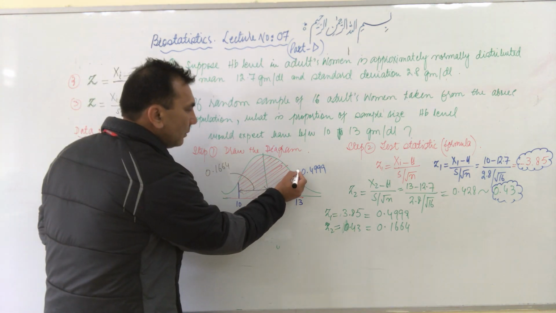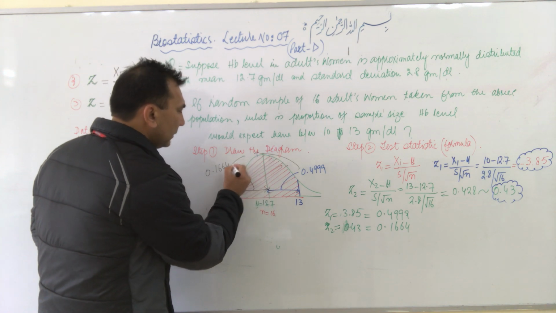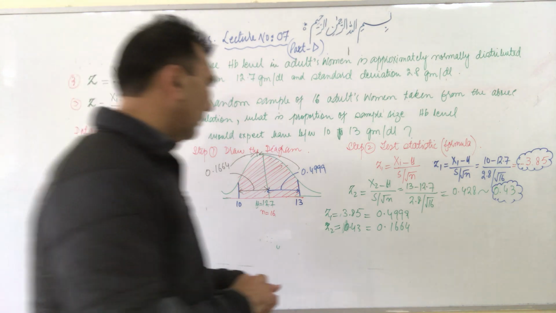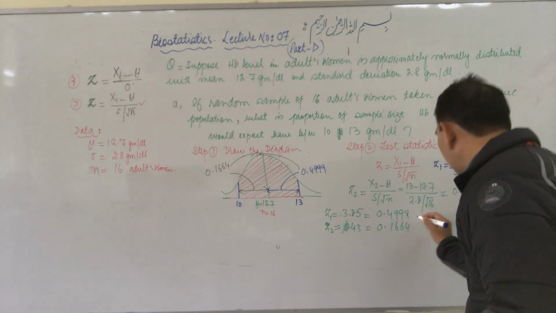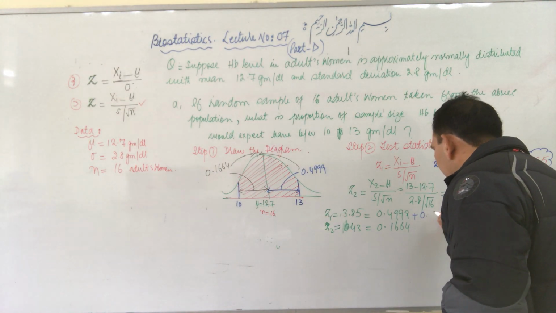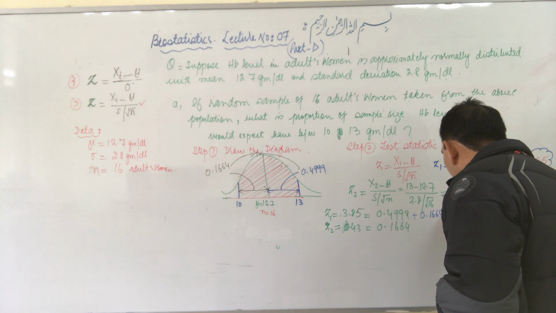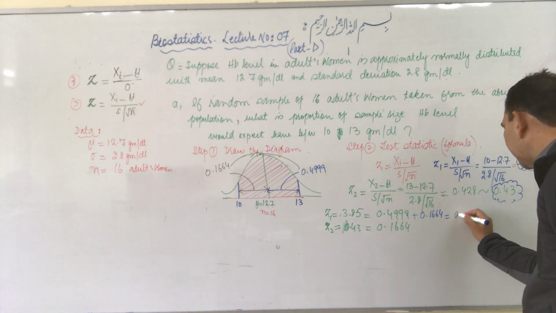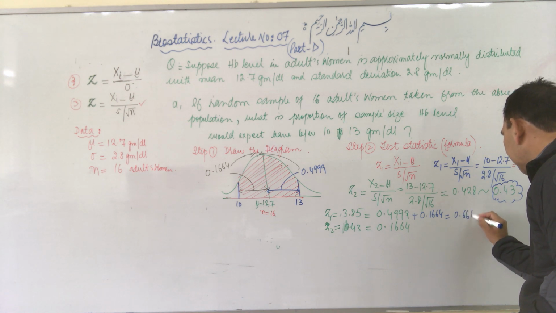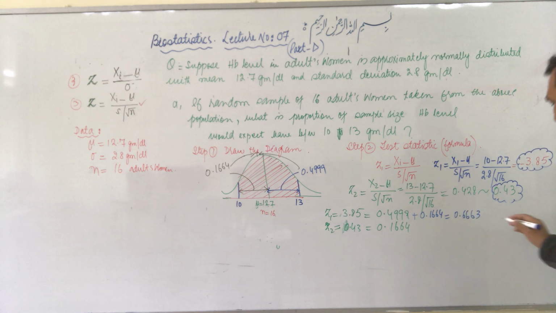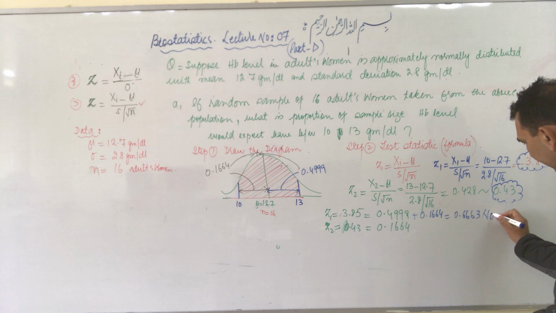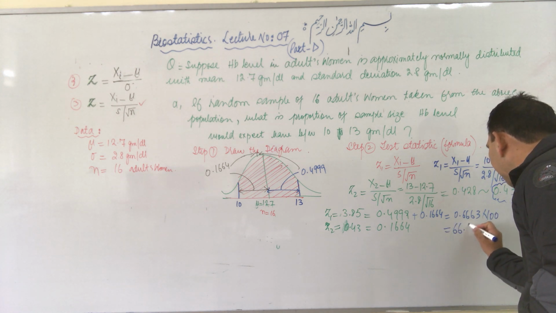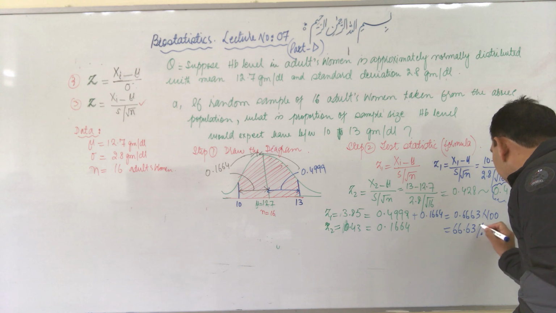So we add up both the Z-score values. It will be around 0.6663. Then we multiply it by 100. It will become 66.63%.